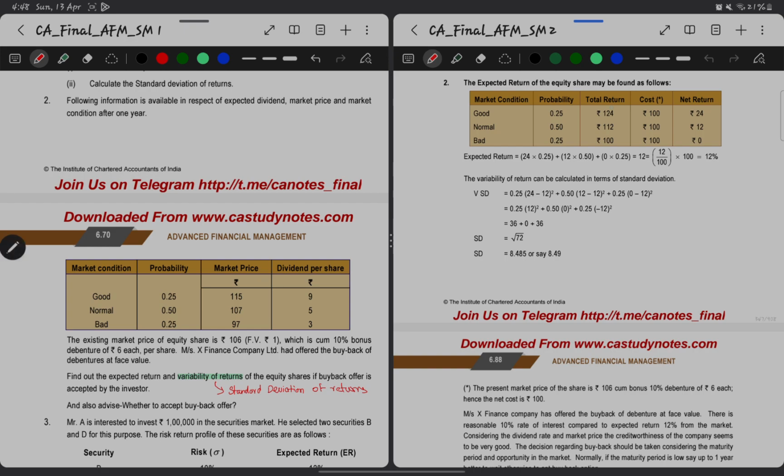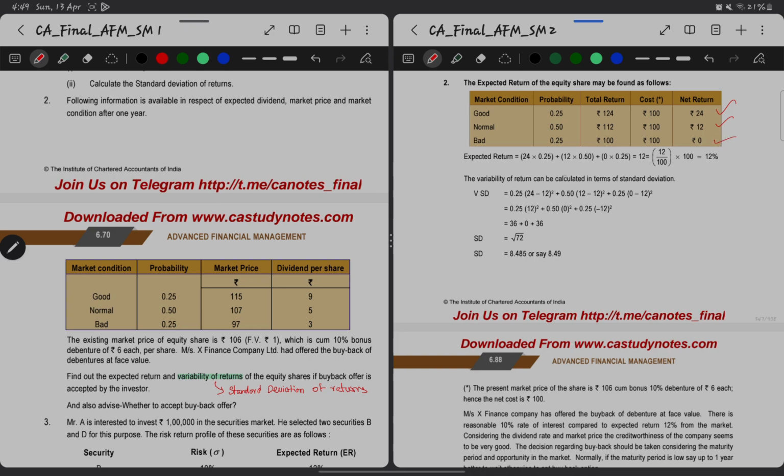Then the return we are getting from the share in case of these market conditions. So 115 plus 9 will be 124 and minus 100 will give us 24. In case of normal, 107 plus 5, 112, minus 100 will give us 12. In case of bad, 97 plus 3, 100, minus 100 will give us nothing.